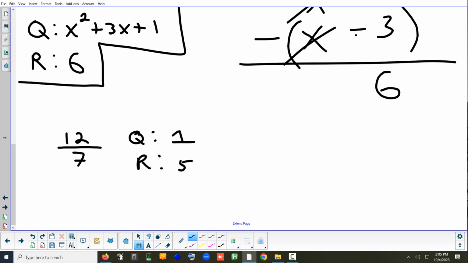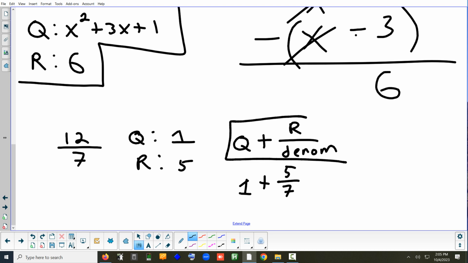Now, one way you can write that answer is quotient plus remainder over the original denominator. So the answer is 1 plus 5/7. Or in this case, it would be 1 and 5/7.